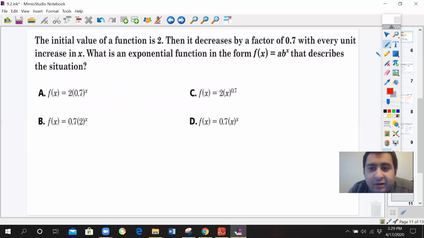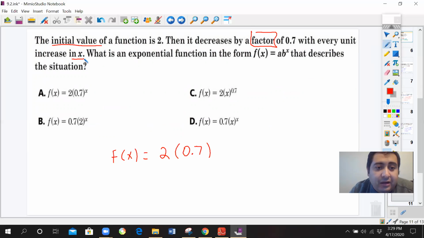If we try to practice this one more time, the initial value of the function, so it's already telling you initial is 2. So let's start off with f of x is equal to 2. That's your initial. Our factor, which is a multiplication, let's put in parentheses for that, it's 0.7, with every unit increase in x. Write an exponential function in the form of this that describes this situation.